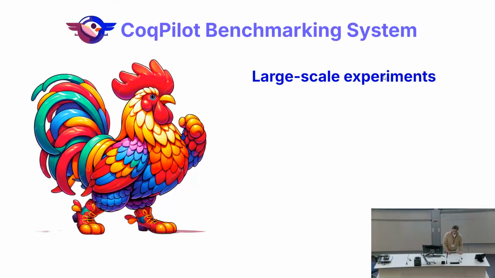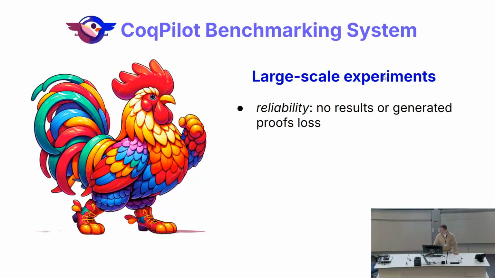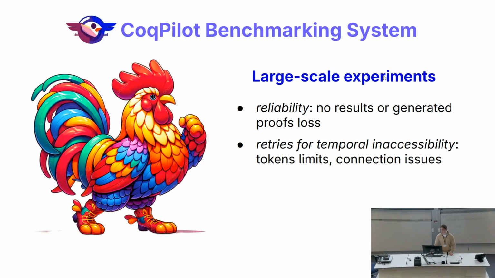So what about large-scale experiments? We're focusing on reliability, so that nothing gets lost, obviously. Secondly, we covered all of the problems that I was already speaking about: token limits, connection issues, and so forth. You have an experiment running for 5 days and nothing goes as planned, but we tried covering as much as possible.